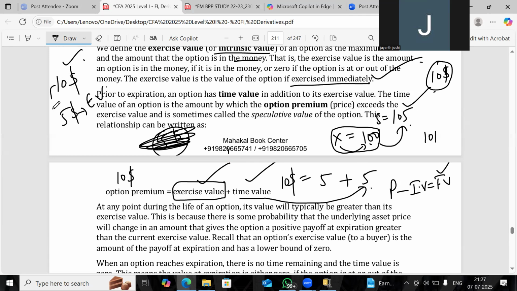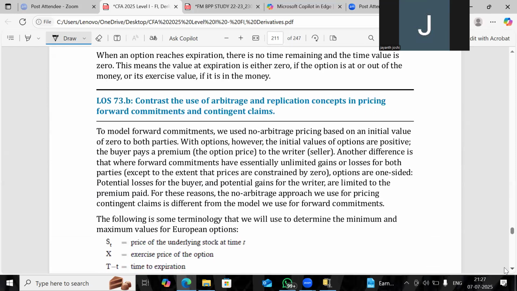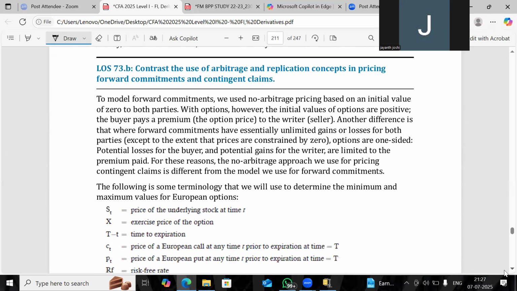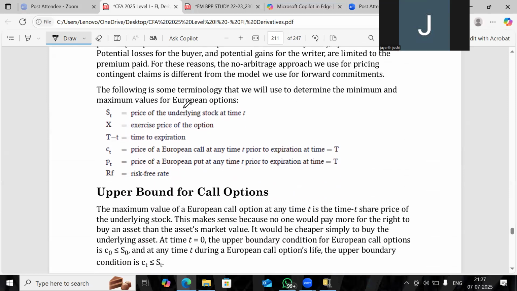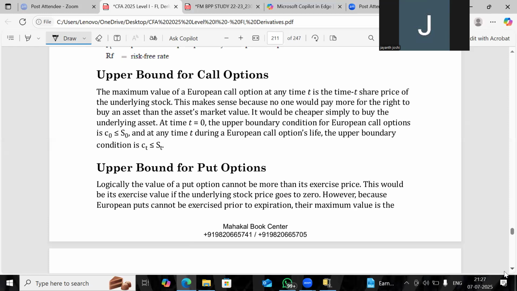The difference between these two has got created for that extra $5 I'm paying because I believe the option in the future is going to create higher value for me. That I will call time value. So exercise value plus time value is nothing but option premium value. They are mostly speaking about European options, which are only exercised on the date of maturity.